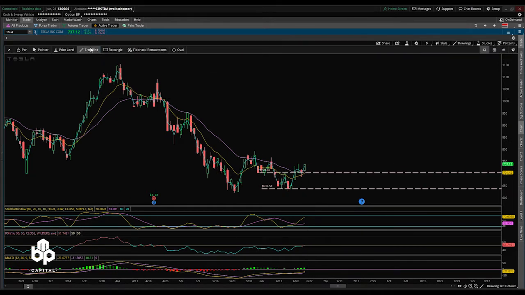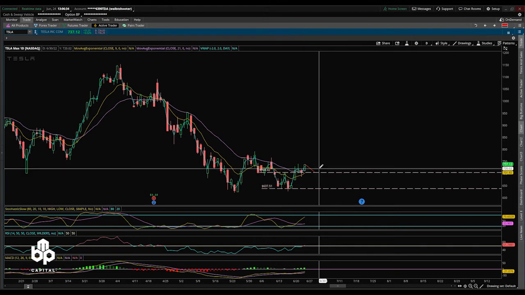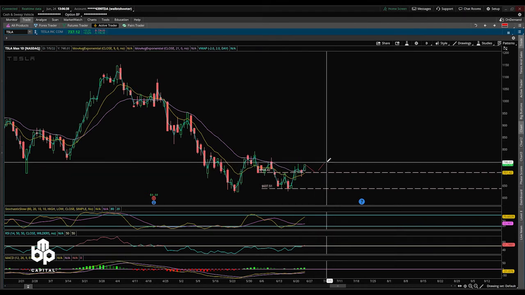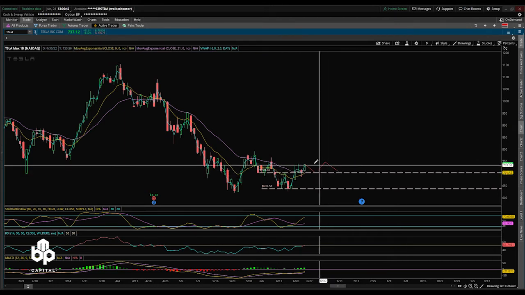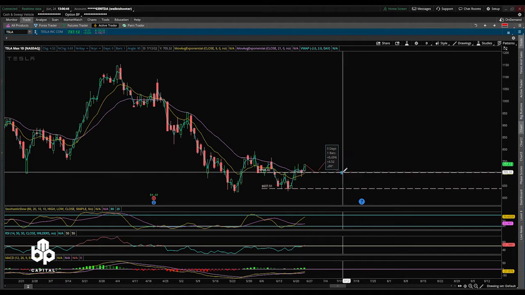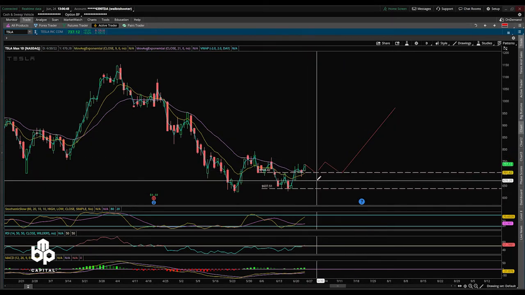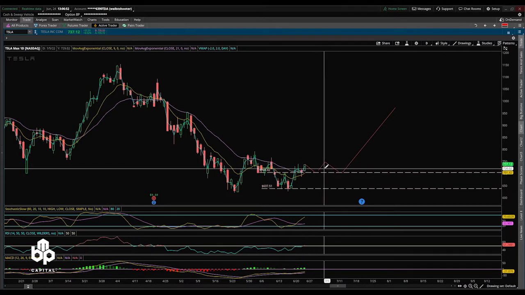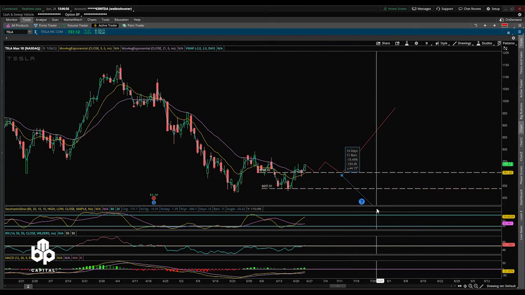It can do one of these numbers before it does this. It can just bounce on this little support line, creating a resistance line at 746 before it decides to bust, or do this.